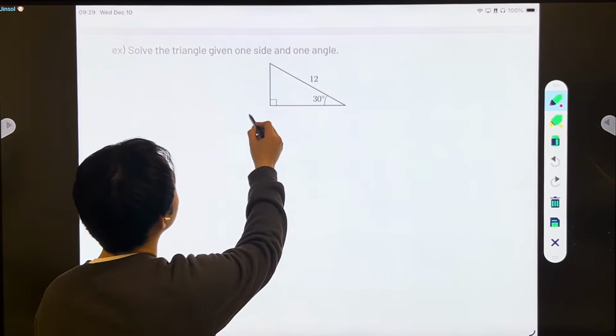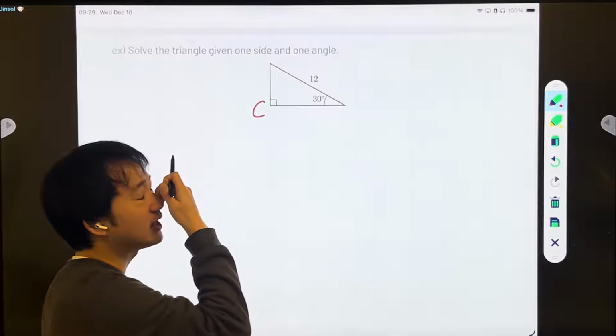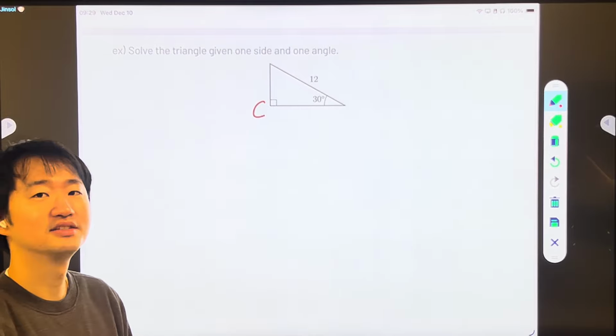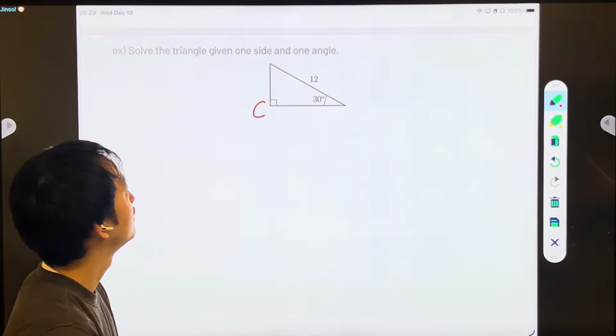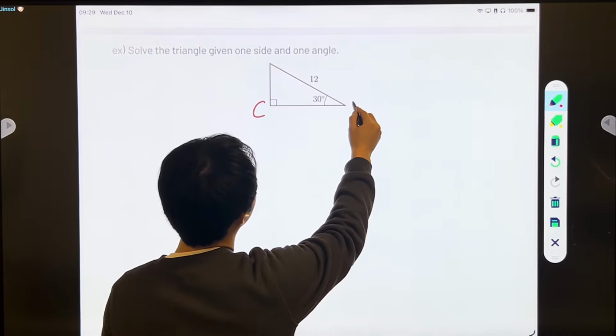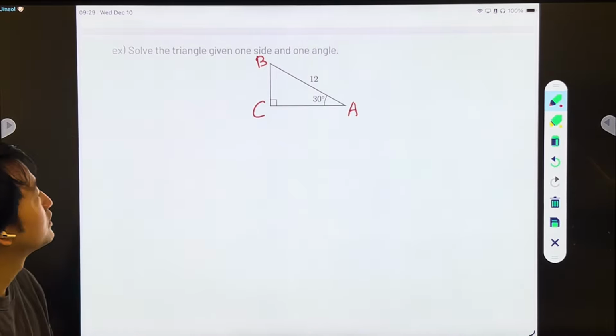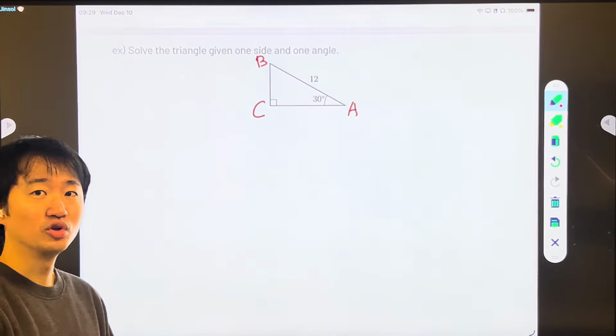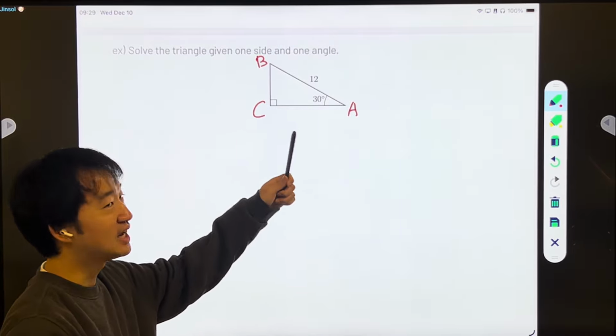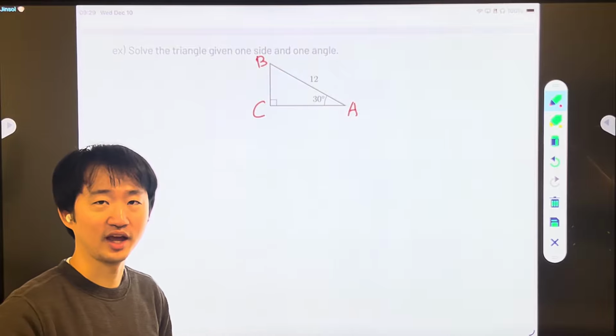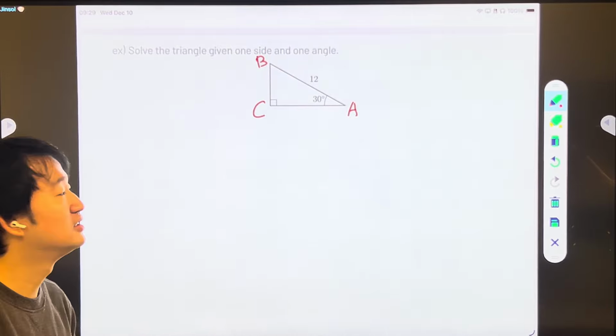The first thing is we want to always label the right angle as the uppercase C. And the other angles are A or B, whichever order we would like. Another rule is that the opposite sides are the lowercase of the corresponding angle.